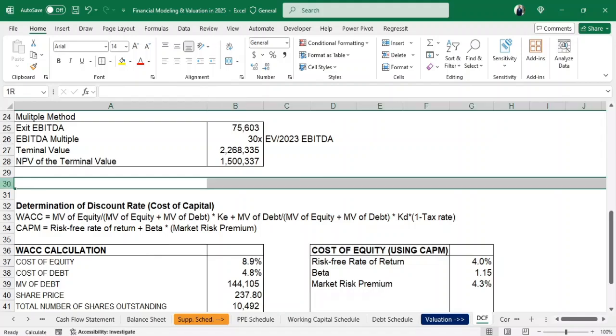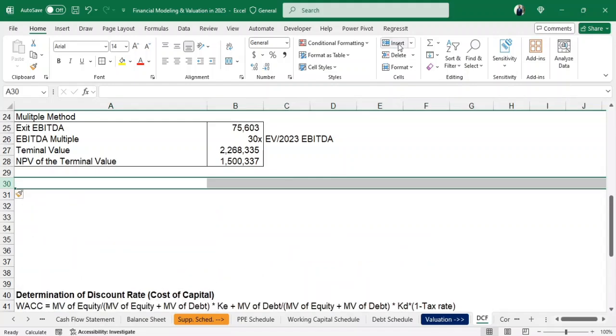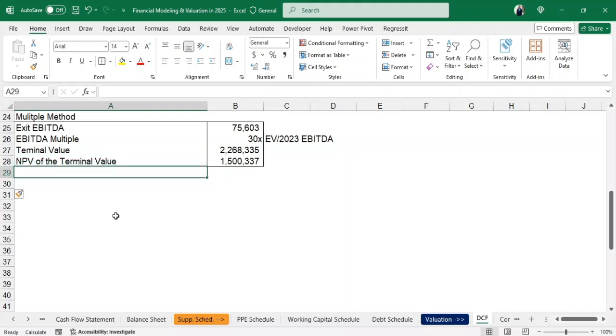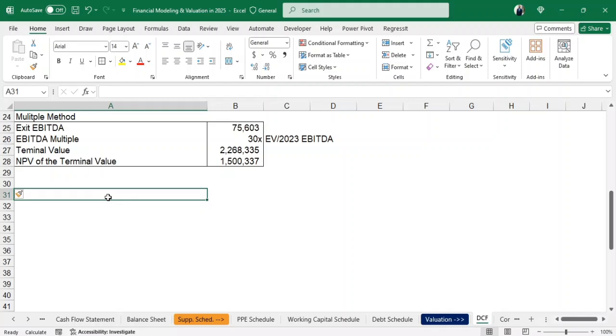All right. So let us insert a couple of rows here, under the multiple method first, and then we can go ahead and do that of the perpetuity method as well. So this is what we are going to have. We'll have enterprise value. Now to calculate the enterprise value, we will have the NPV or net present value of the unlevered free cash flows.